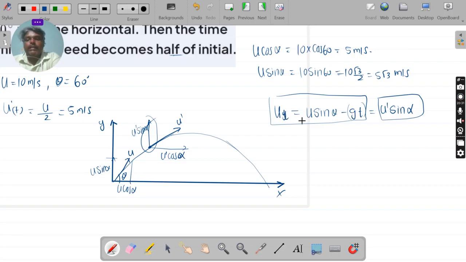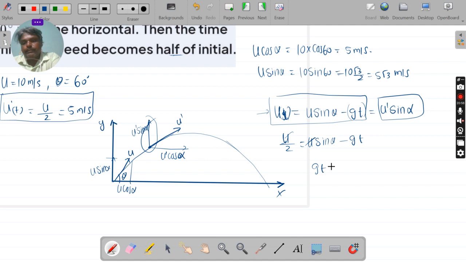At any time the velocity becomes half of the initial velocity. So U at any time is U by 2, that is U by 2 is equal to U sin theta minus gt. U cancels. gt is equal to sin theta minus 1 by 2.